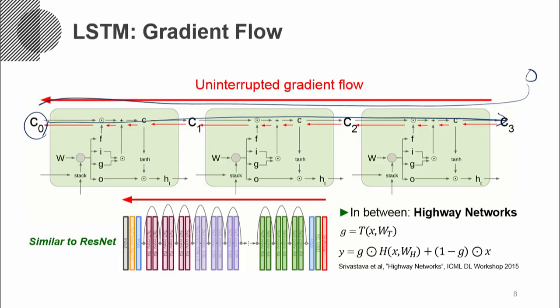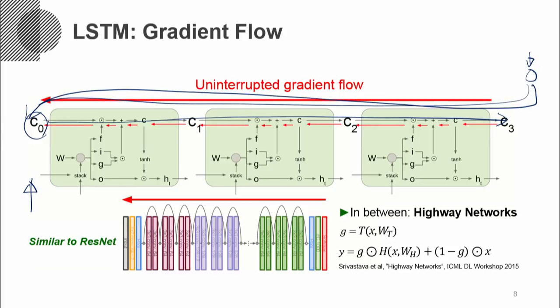In that manner, if we supervise at this point, so that the answer should be John, then this information or error can be propagated without any distortion towards the very first time step.